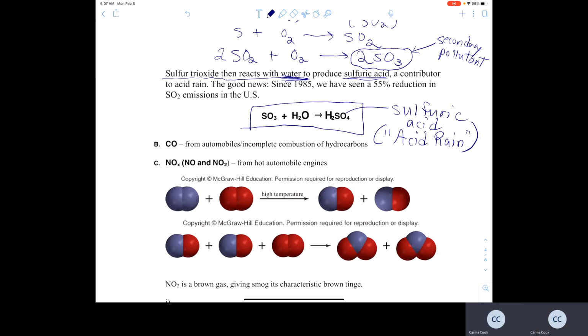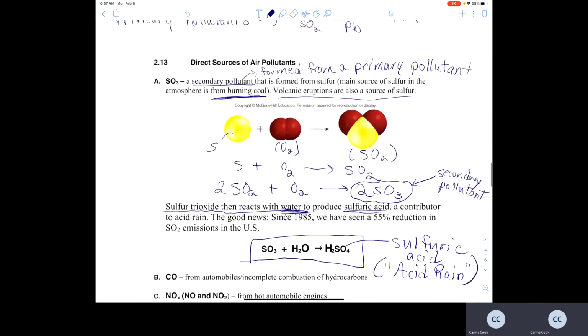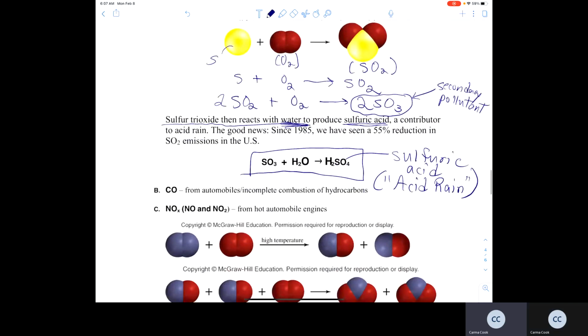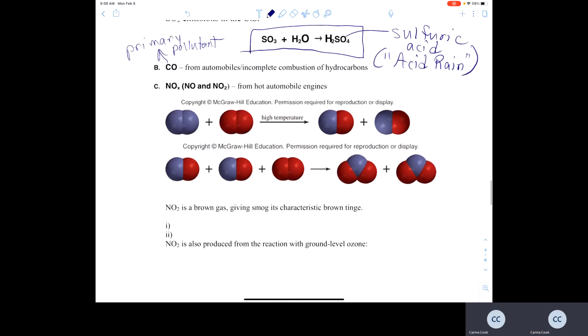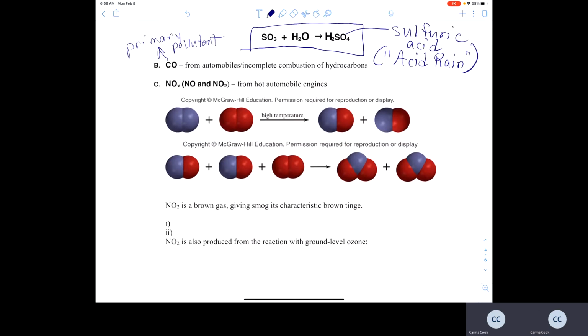And now carbon monoxide is another primary pollutant that we talked about. And it comes from automobile exhausts when there's incomplete combustion of the hydrocarbons.